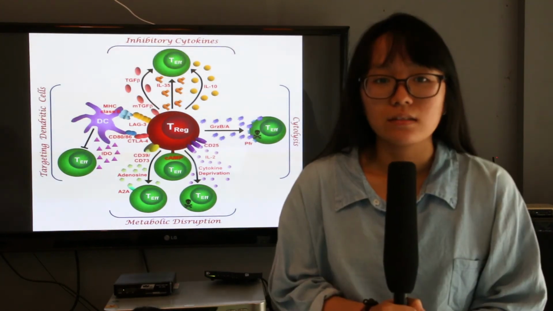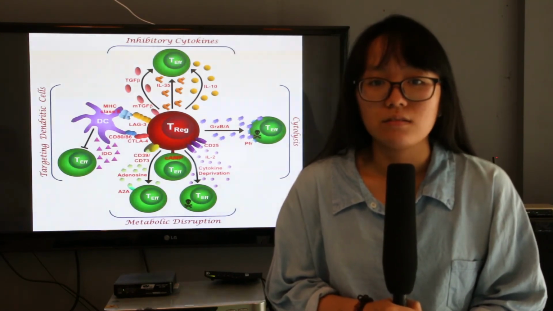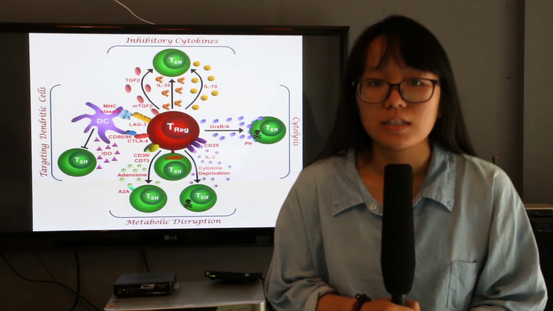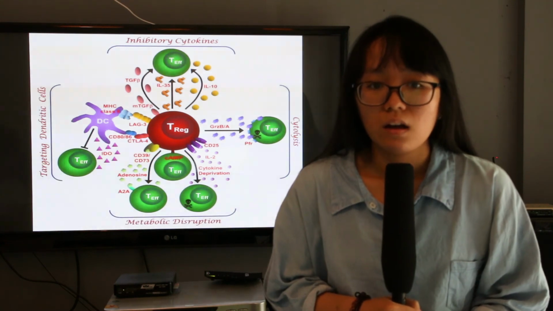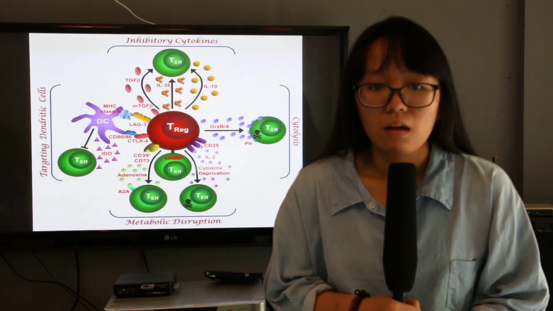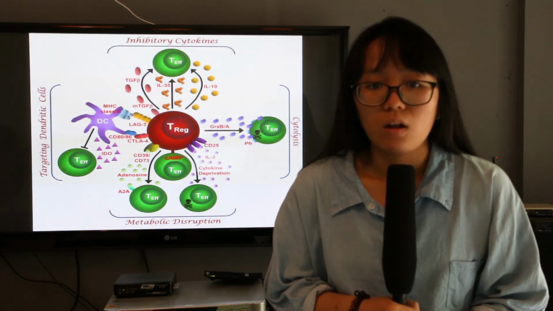The last pathway of the Treg mechanism is suppression by targeting dendritic cells. This pathway includes mechanisms that modulate dendritic cell maturation and function, such as lymphocyte activation gene 3 on the MHC class 2 to mediate the suppression of DC maturation, and cytotoxic T lymphocyte antigen 4, CTLA4, with CD80 and CD86 mediating induction of an immunosuppressive molecule.